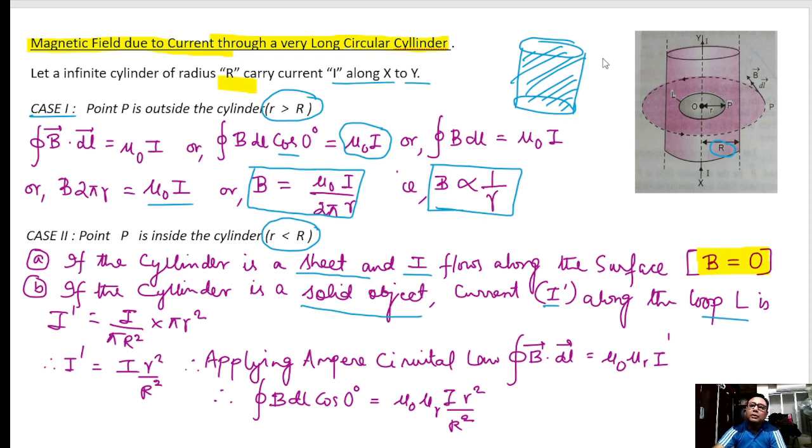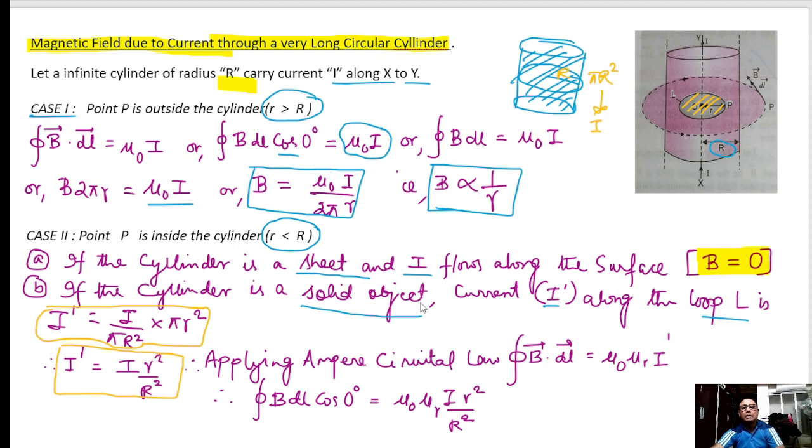We know that for the whole cylinder, if I take a loop of radius r, the area is pi r square, and for the whole pi R square the current is I. So for only this much area the current will be I r square by R square, because capital I is for the whole area. Clear?